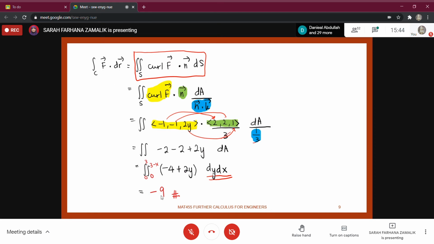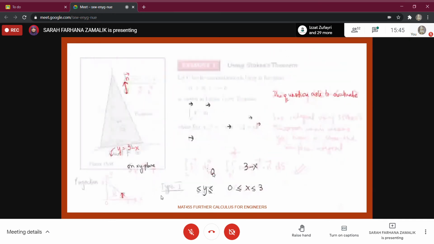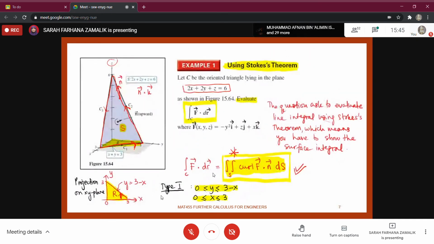Madam. Yes. Kiranya yang Stokes Theorem ni dia nak cari work done kan kiranya Madam? Tak. Bukan. Dia tak beritahu pun work done. Kita nak cari apa ni, baca soalan, okay? So the question asks you evaluate line integral.